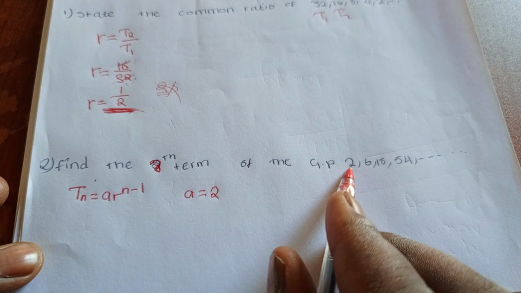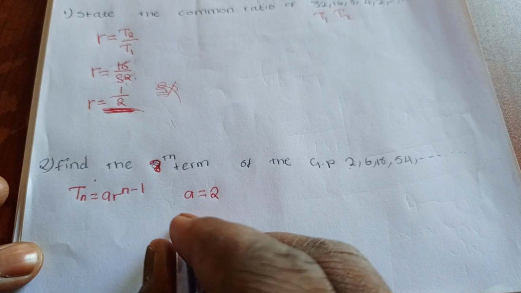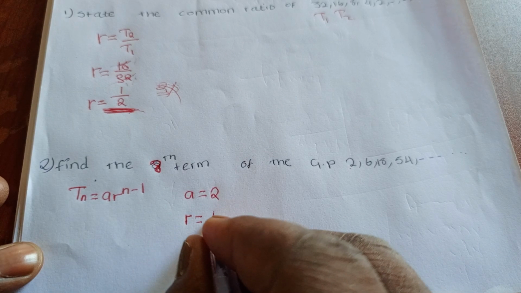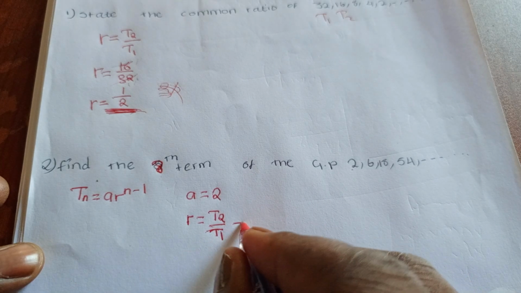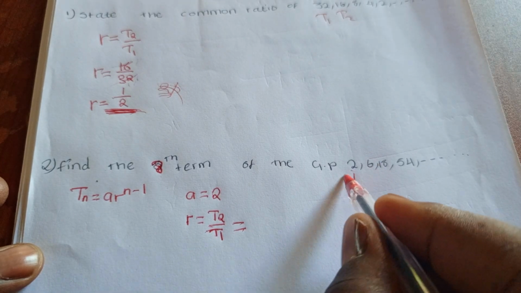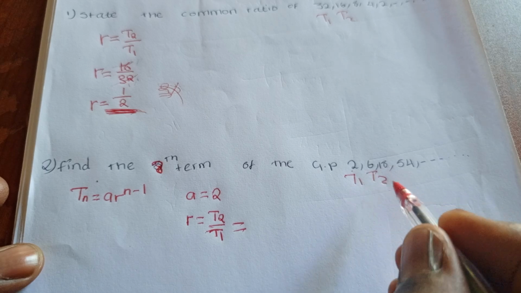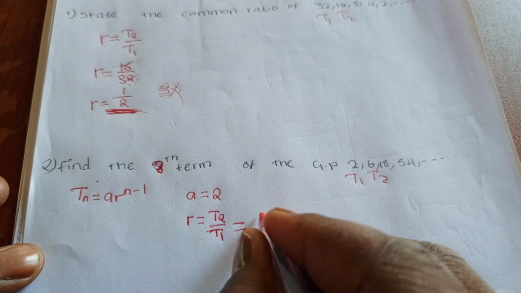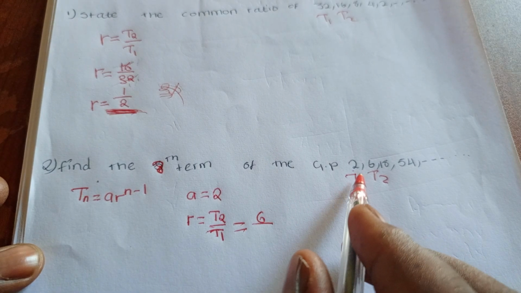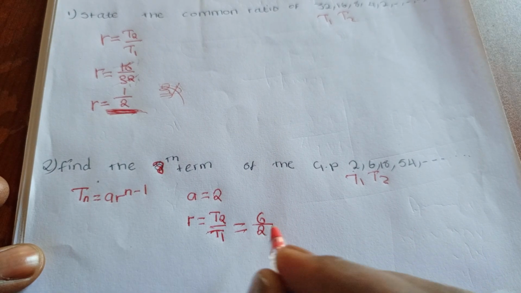Then my R is T2 over T1. My T2 in this case is 6, so I'll say 6 over T1, which is 2.